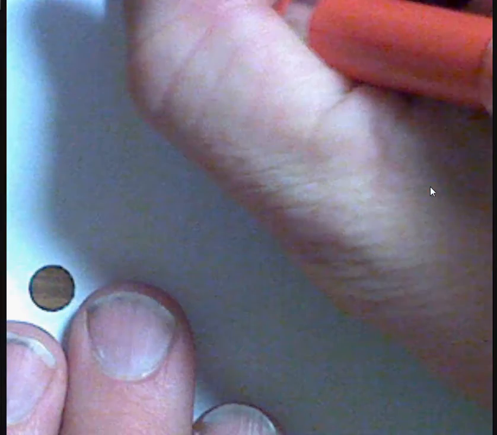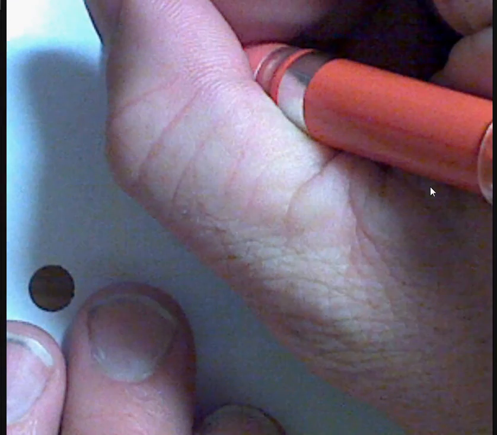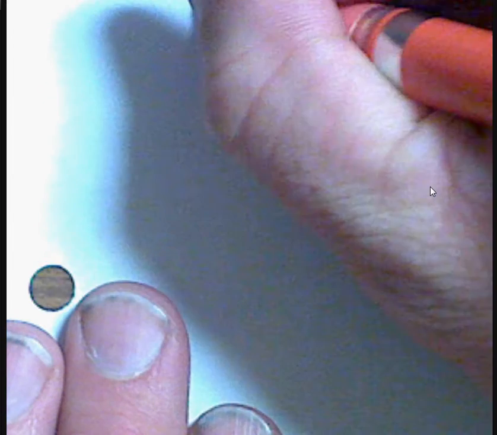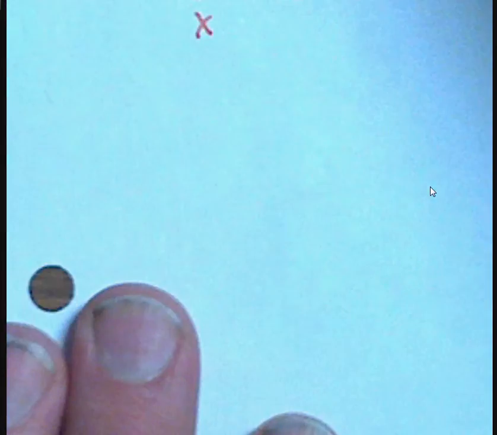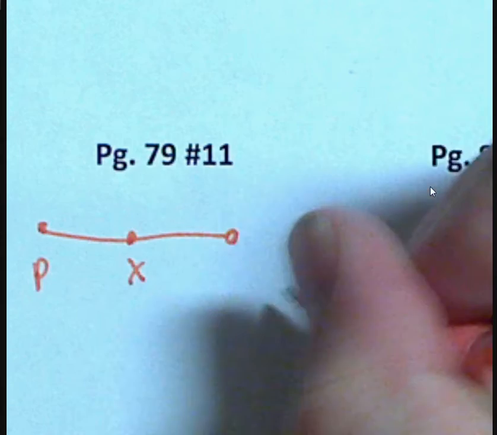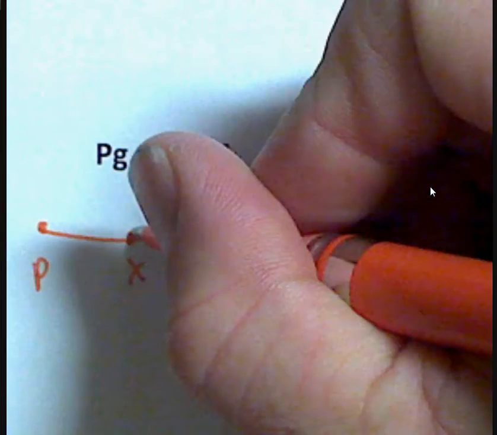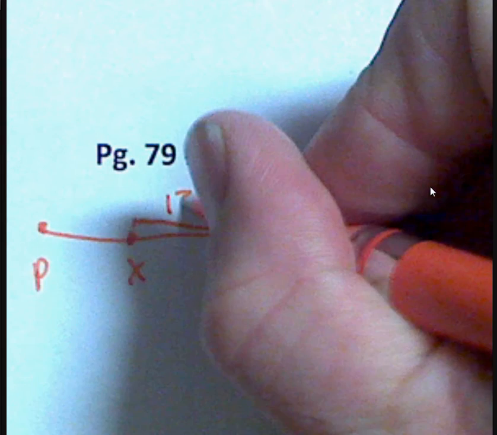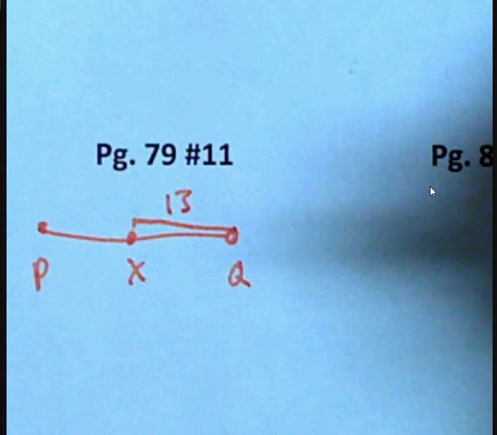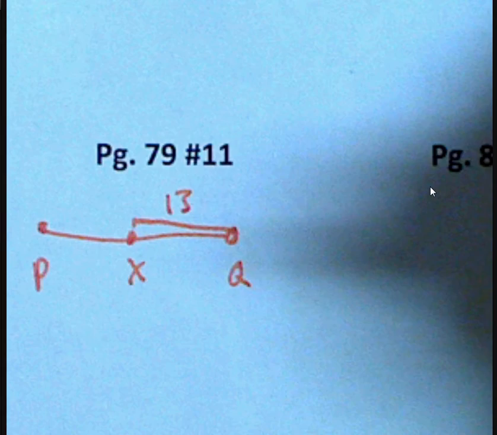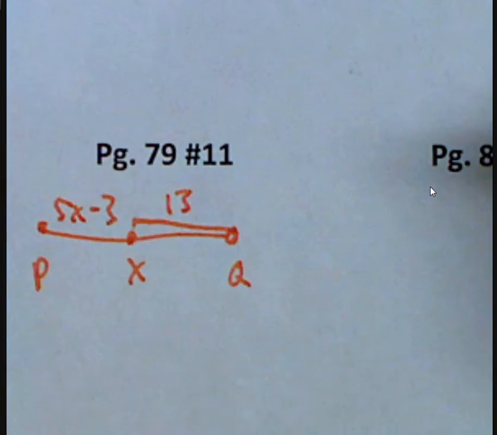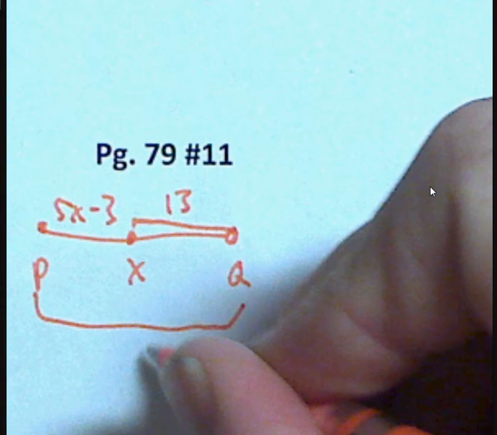So x is between, so right in the middle, here's x, here's p, here's q. So xq is 13. xp is 5x minus 3. And then PQ is 40.